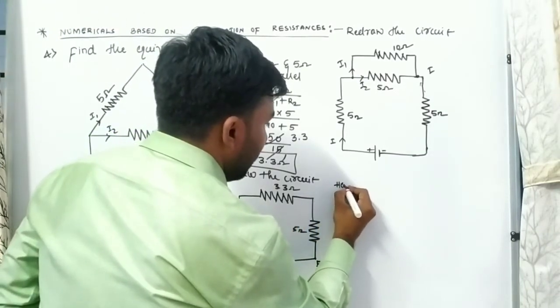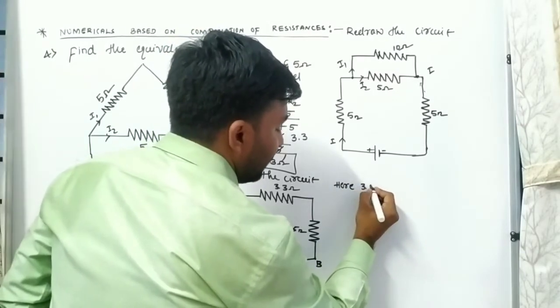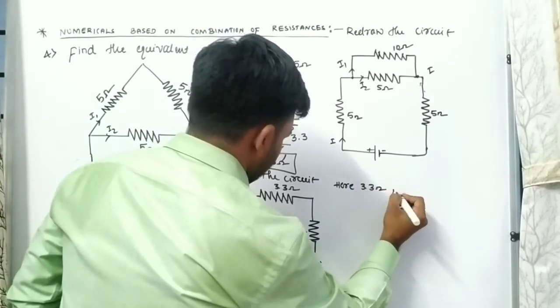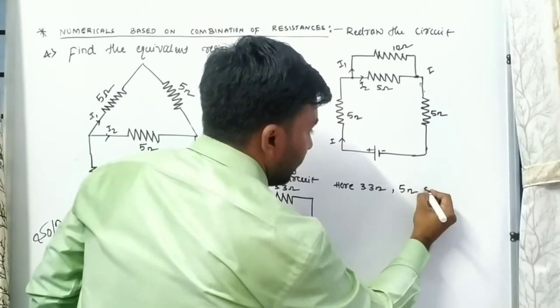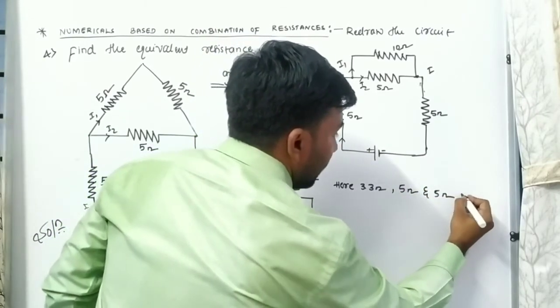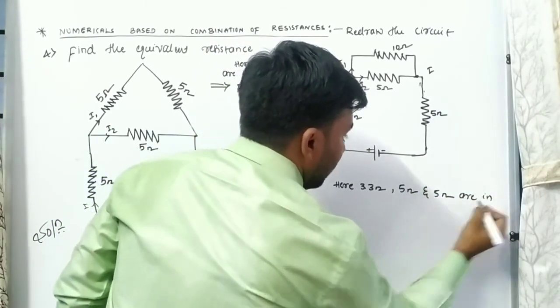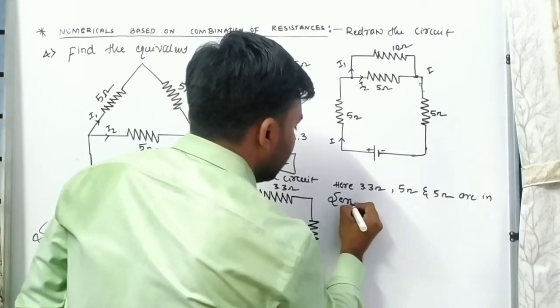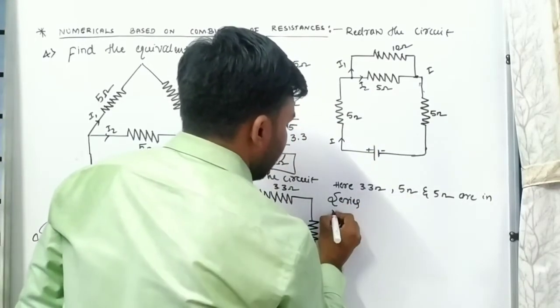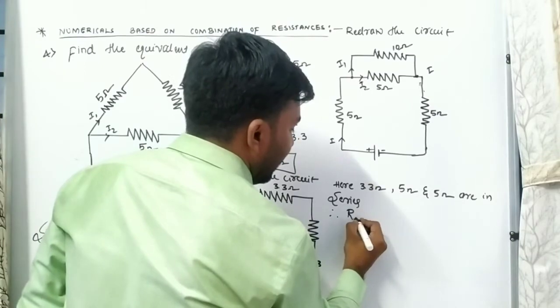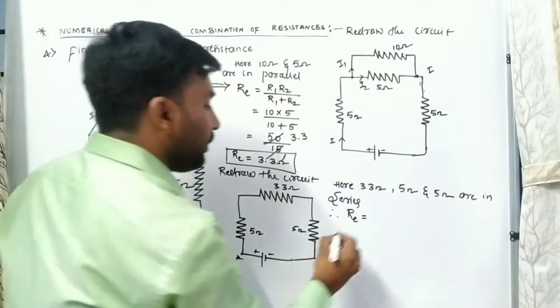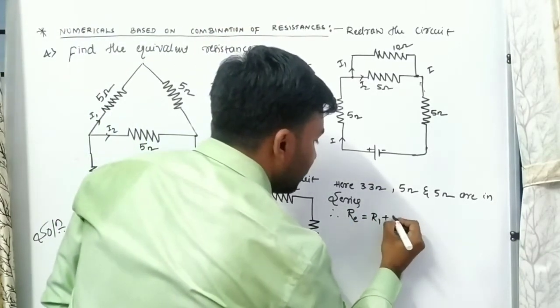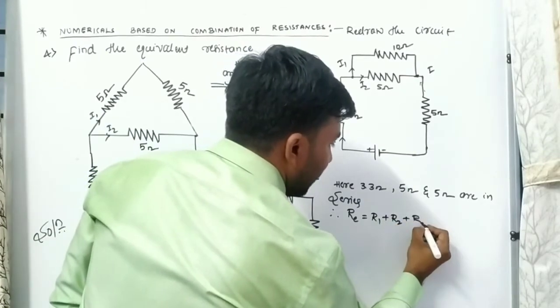Here 3.3 ohm, 5 ohm and 5 ohm are in series. Therefore, R equivalent is equal to R1 plus R2 plus R3.